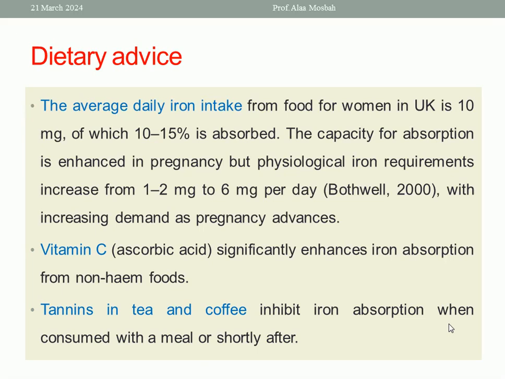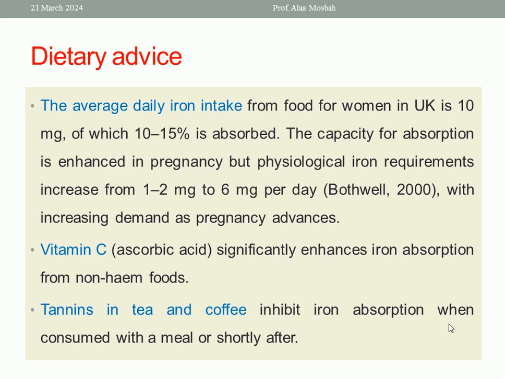You should know that iron absorption has two pathways, through heme foods or non-heme foods. Heme foods are iron present in meat, poultry, fish, and so on, combined to protein.